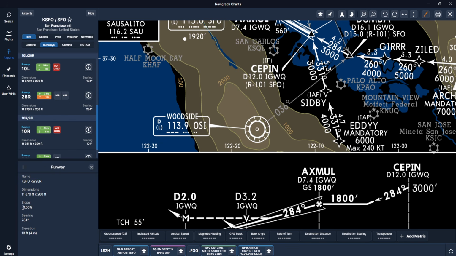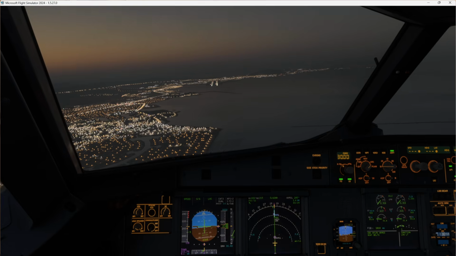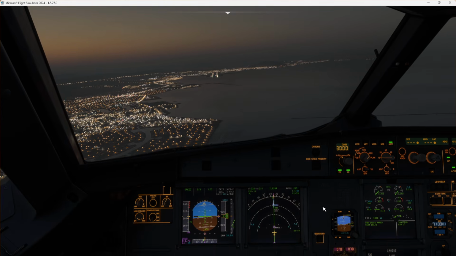In this case we have minus 0.06% of slope, which we cannot take into consideration. Let's consider that the airport is flat, normal. If we had an upslope runway, in those conditions things may change. So we have a normal runway, and we have a long runway for sure.